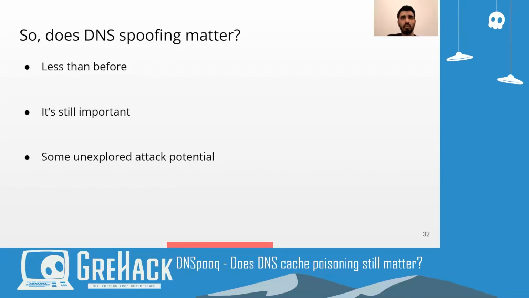It's still important because there are application-specific protocols that might not be encrypted, and for the reasons we talked about, for example, emails and NTP. And also we think that there is some unexplored potential for attackers here beyond what we said in this talk.